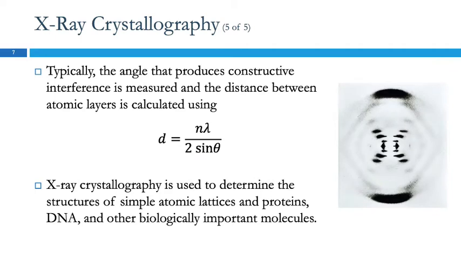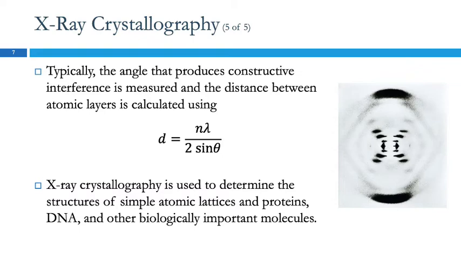So typically, they find the angle that gives constructive interference just by moving things around, and then they can calculate the distance using this rearranged version of Bragg's law. So X-ray crystallography has been very important. This is an example of an early result, and it's kind of hard to imagine how that's going to really tell you much, but it does.